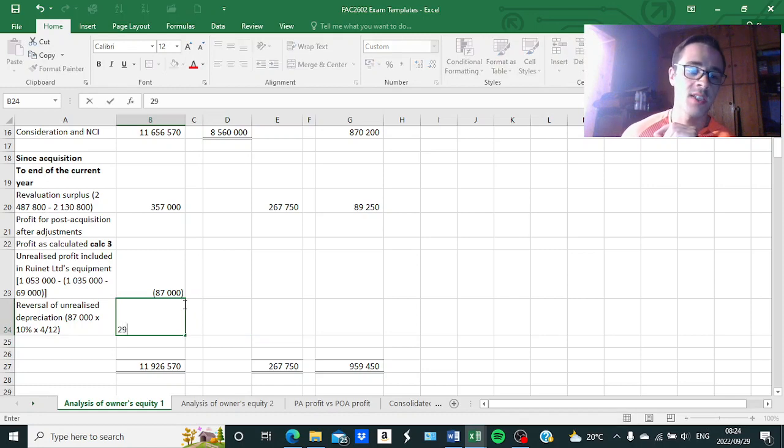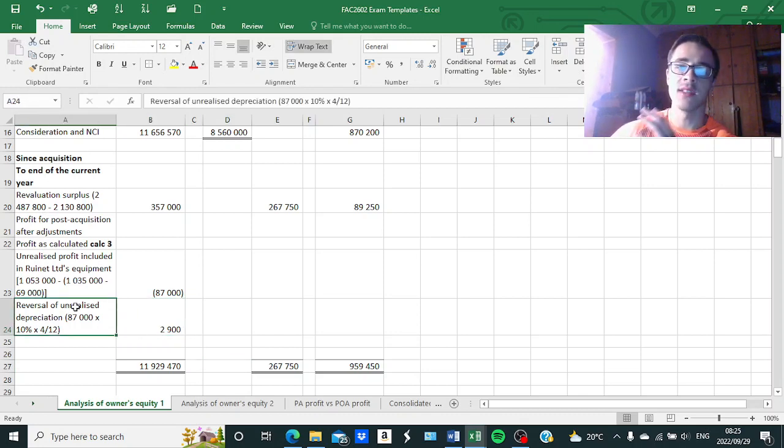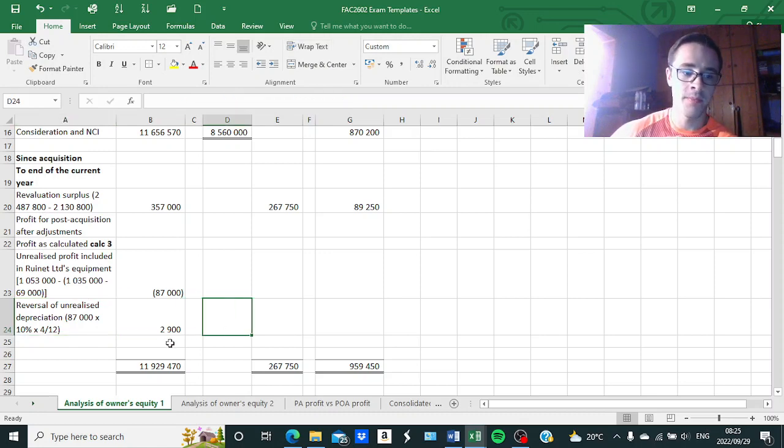Because the depreciation expense is decreased, we increase the profit made by the subsidiary. So therefore, it must be shown as a positive amount. Okay, because we are decreasing the depreciation expense, and that in turn will increase the profit made by the subsidiary. Okay, if the depreciation expense was increased, that will lead to a decrease in the profit. Then it will be shown as a negative amount.